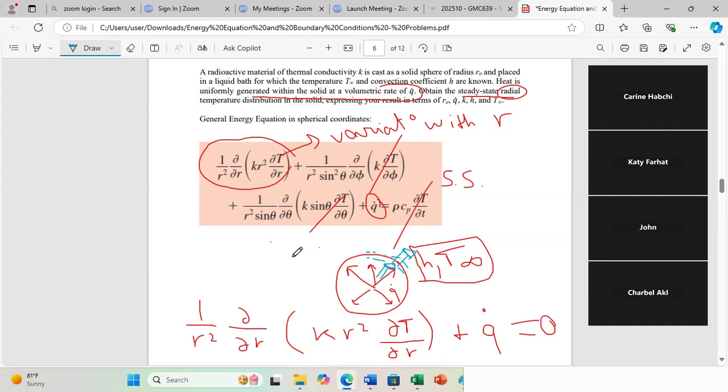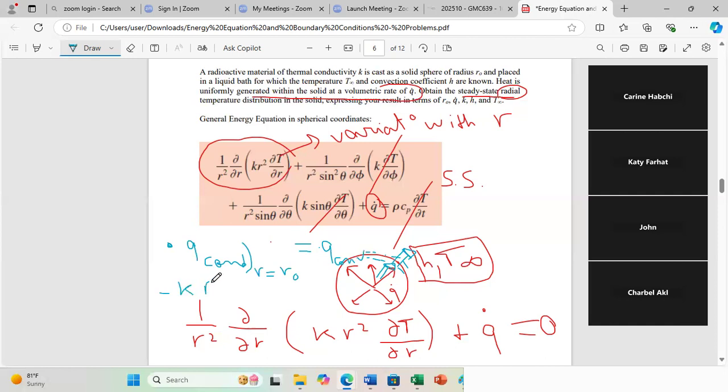So the first boundary condition that I can write is Q conduction at R equal to the outer radius, R0, is equal to Q convection. And we know that the expression of Q conduction is minus K times the area.